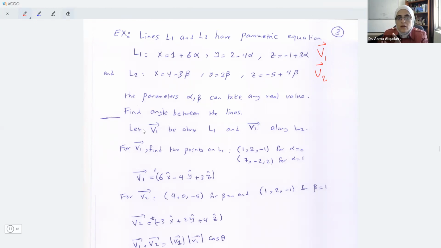And whatever angle we get, the angle that's between the two vectors should be the same angle between the two lines.